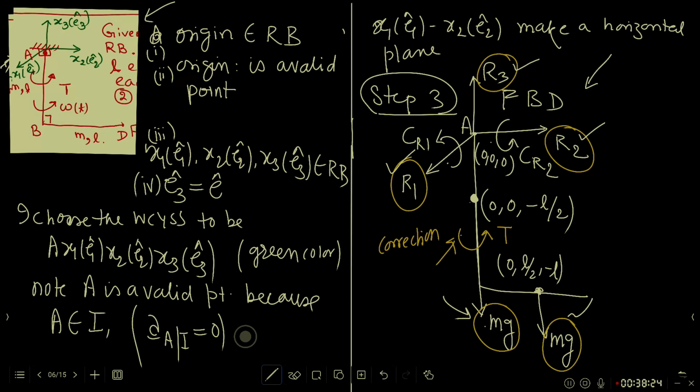So it should be mg times L by 2 along e1 direction. That's the moment about it. I'm going to add this on the later slide, but let's make sure I'm not missing anything. R1, R2, R3 do not contribute, C R1, C R2 included, T included. This mg does not contribute any moment. This mg generates a moment which is mg L by 2 times e1.